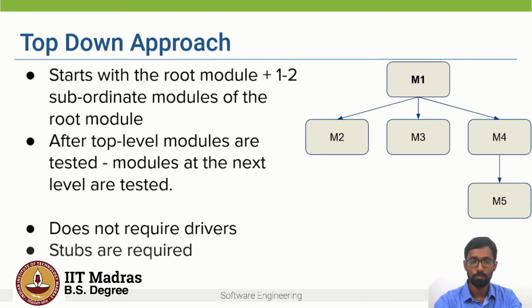However, we need to design stubs, because at each level, if this module requires some other modules at a lower level, we need to simulate them or mock those function calls. Hence, stubs are required. So, for example, when we combine M2, M3, M4, we need a stub which simulates M5. So that is the top-down approach.